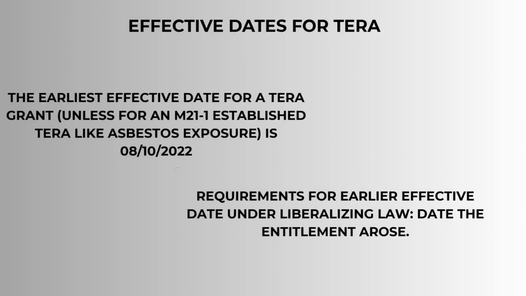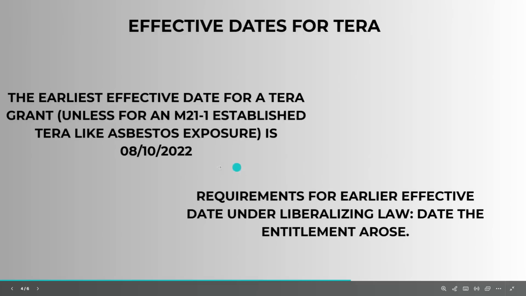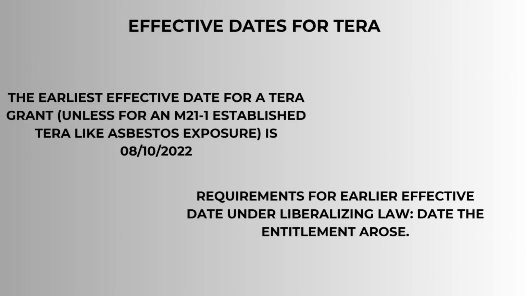What that means is if you were diagnosed with the condition prior to 8/10/2022, and you're granted under the TERA theory, you can get a year prior due to the liberalizing law earlier effective date regulation. Okay, so keep that in mind. Look for that in your rating determinations and decisions.